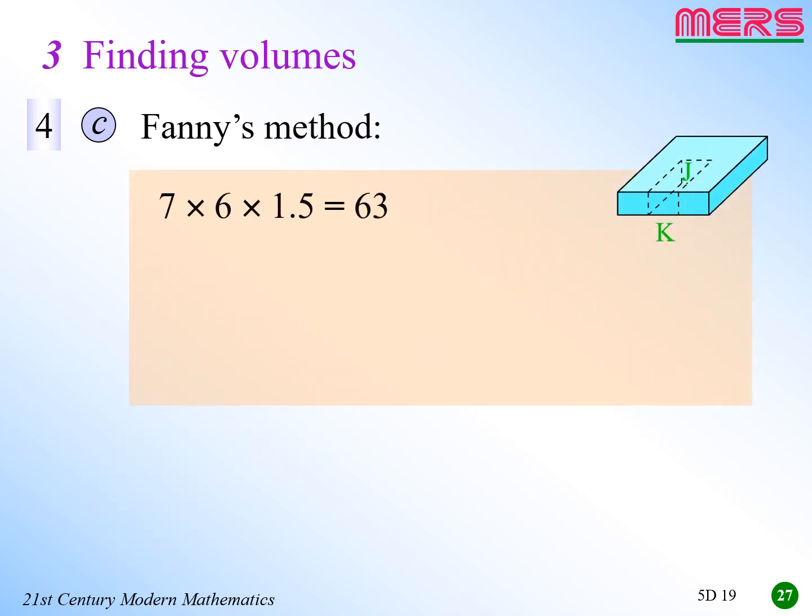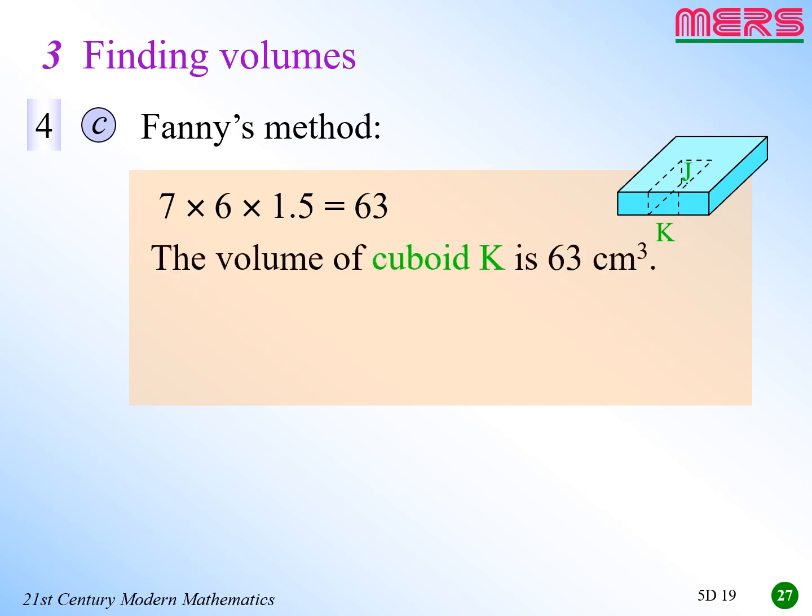The volume of big cuboid K is 7 times 6 times 1.5, which is equal to 63 cubic centimeters. The volume of cuboid K is 63 cubic centimeters.